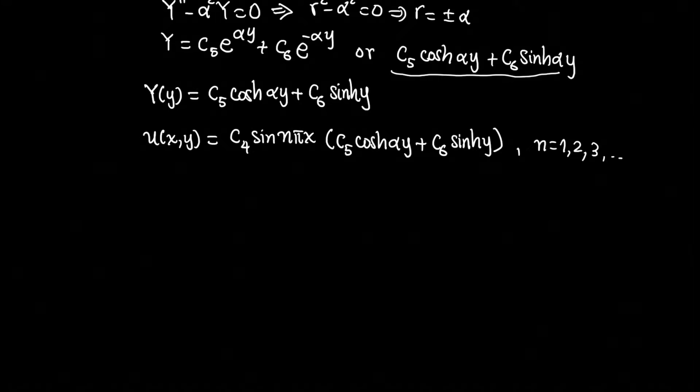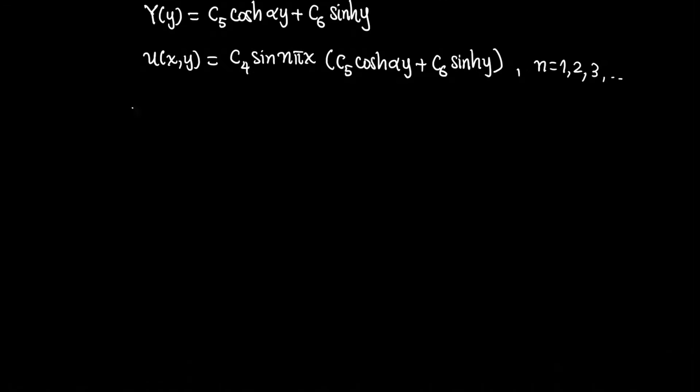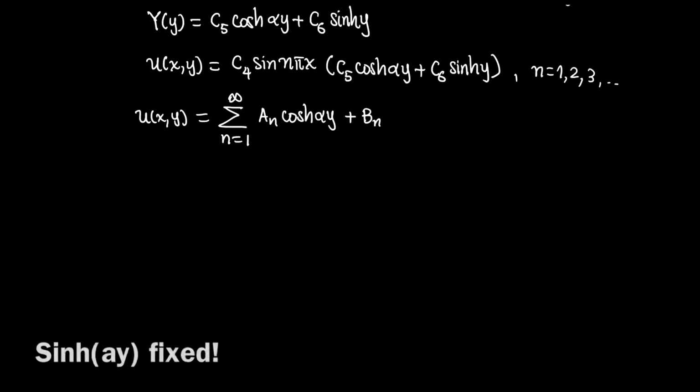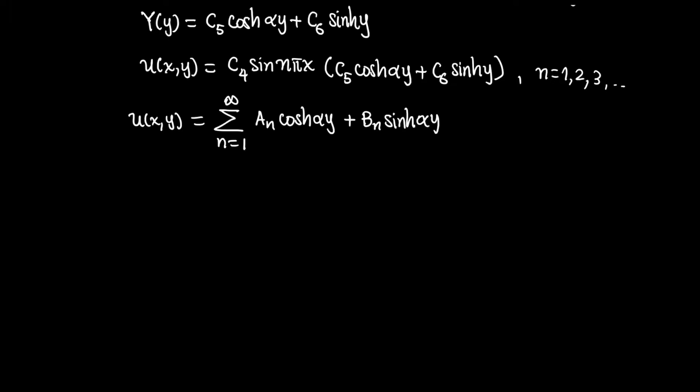So from here, I can write the general solution: summation n equal to 1 to infinity of c4 times c5 as one constant, hyperbolic cosine, plus c4 times c6 as just another constant for hyperbolic sine, times sine n pi x.